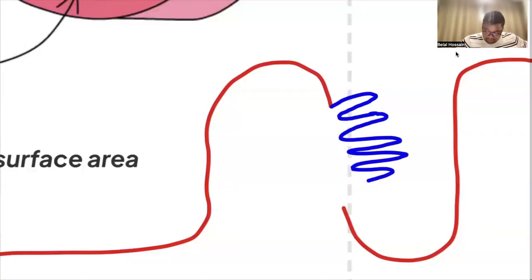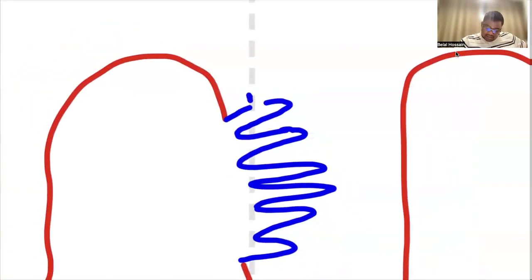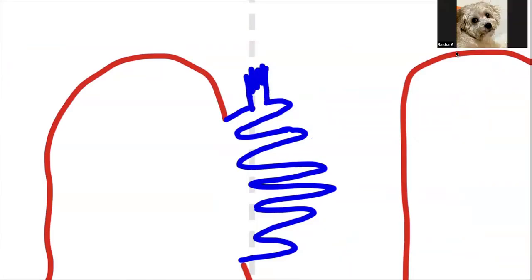These walls are not straight. There are villi, and within that villi, there are cells with microvilli. Did you get the point? So sir, it keeps going, like there are a lot of villi on the villi.